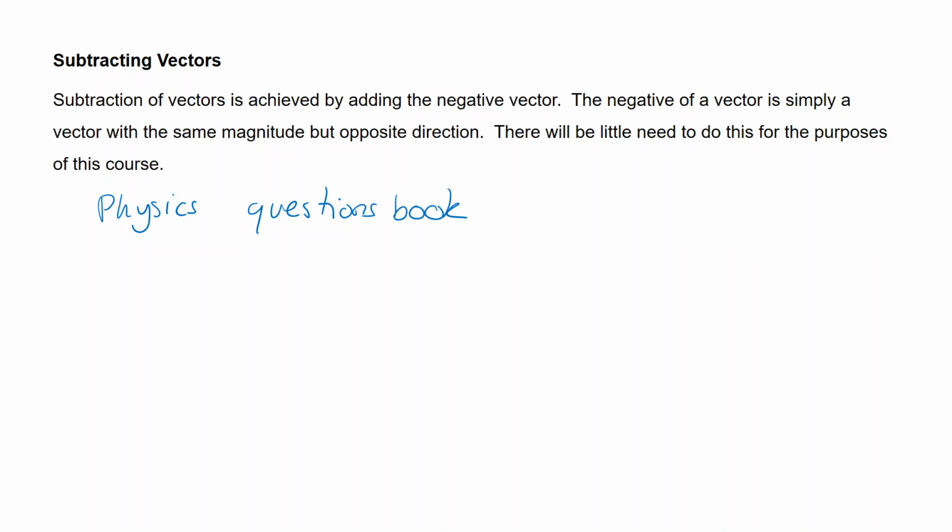I will do an example of that. I'll tell you which questions we're doing first. All right, so physics questions book, page 4 and 5, do the addition of vectors questions. The ones above that are the ones that you do using a protractor, which really you're never going to have to do in this course. So addition of vectors.